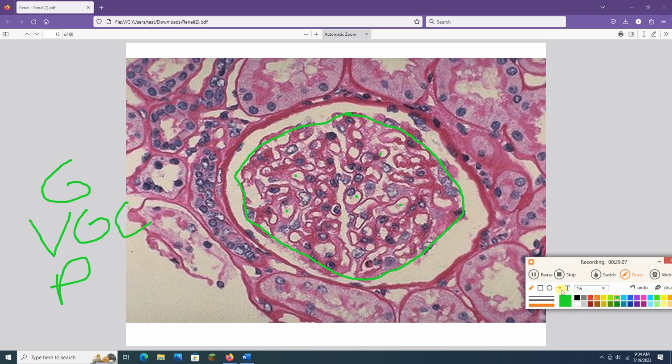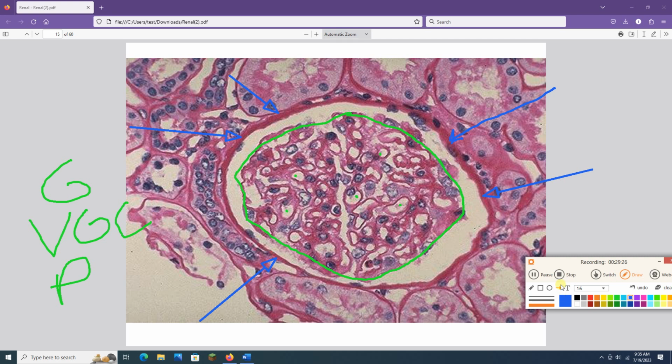Now, in addition to these things, I also have this guy right here. Let's make an actual arrow, beautiful arrow. This is a layer of simple squamous epithelium, this blue thing.